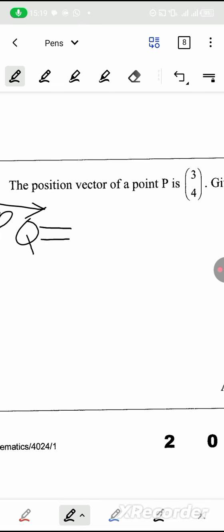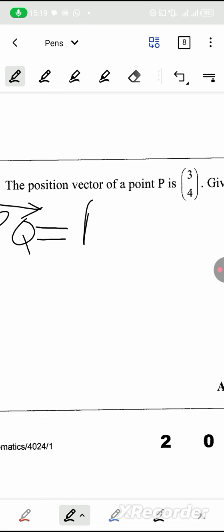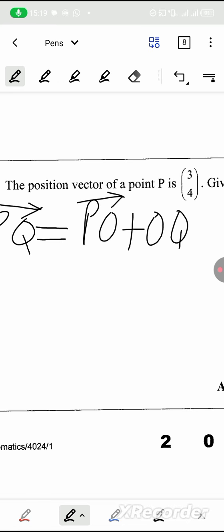So we say vector PO, O representing the origin, then plus vector OQ. That is how we are supposed to move. This type of movement is known as the triangular rule of addition. We are moving in triangle form, from this point we go there.